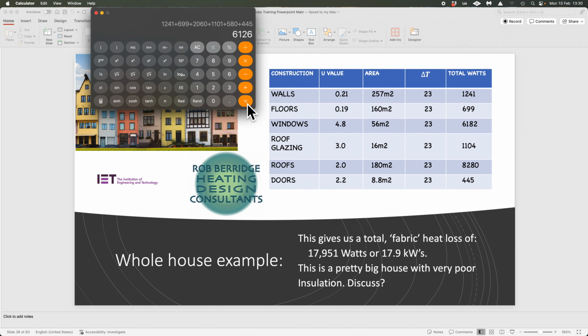So we are now losing on new fabric heat losses just over 6 kilowatts, and that's just by insulating the roof and by changing the windows. So we've gone from 17.9 kilowatts of heat loss down to 6.1 kilowatts, so just over 6 kilowatts.